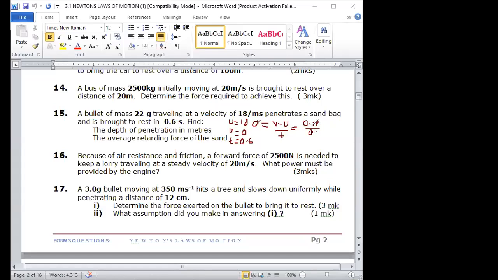So negative 18 over 0.6, or negative 180 over 6, is going to give us negative 30 meters per second squared. But our intention is to get the depth, so v squared is equal to u squared minus 2as.